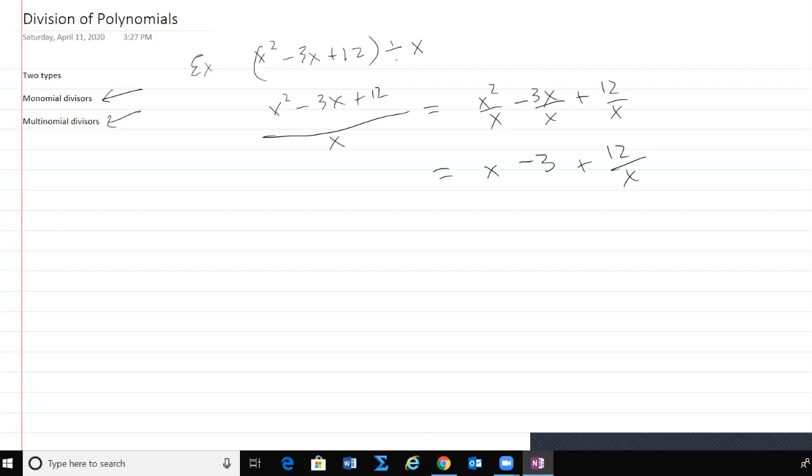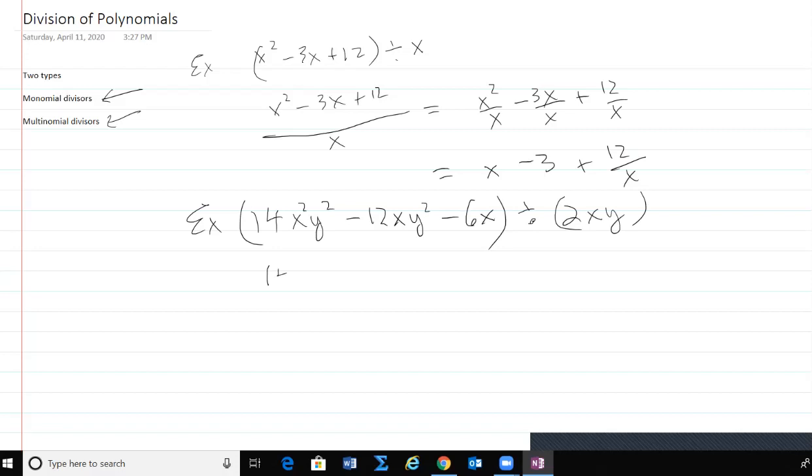Okay, so anytime you have, let's say, 14x squared y squared minus, let's say, 12x y squared, and then minus, let's say, 6x, and we're going to divide all that by 2xy, like that.